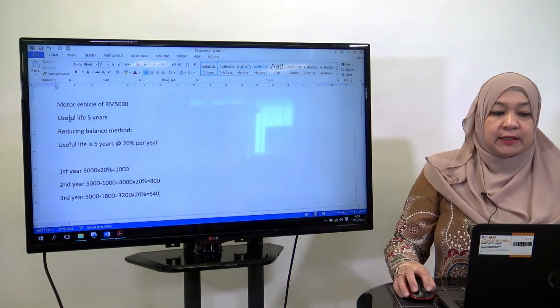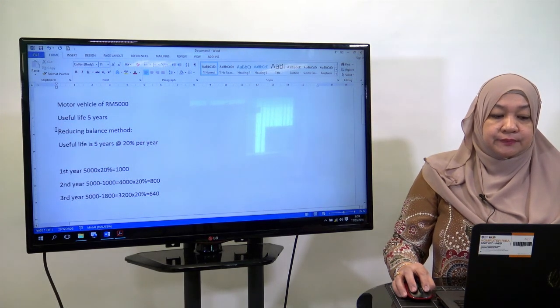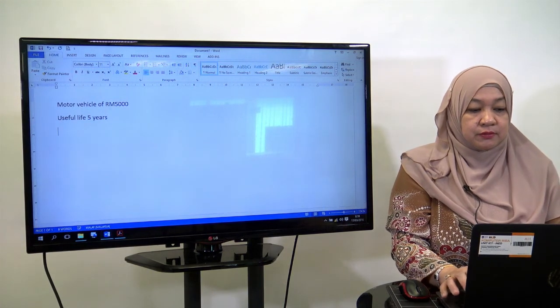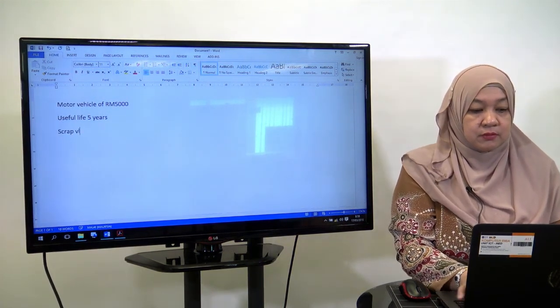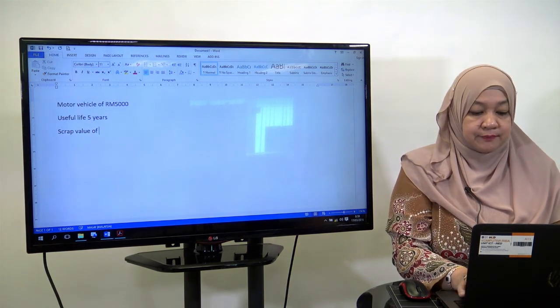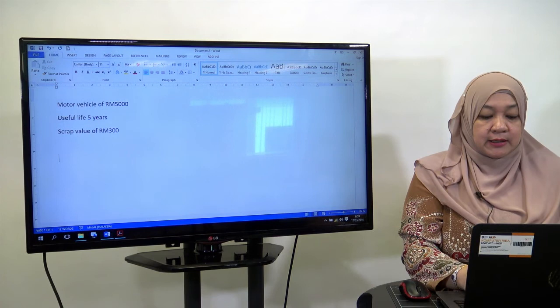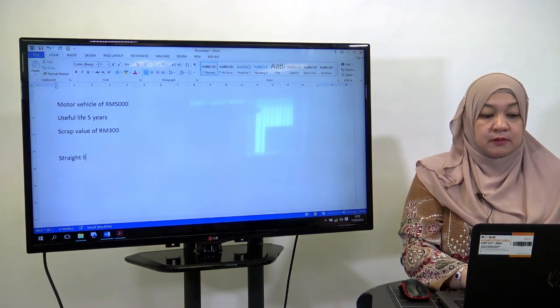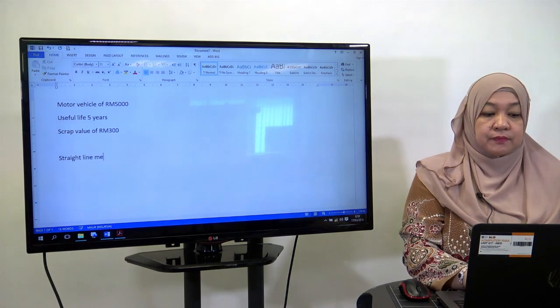Now let's say your motor vehicle has a scrap value of 300 ringgit, and let's say you use the straight line method.